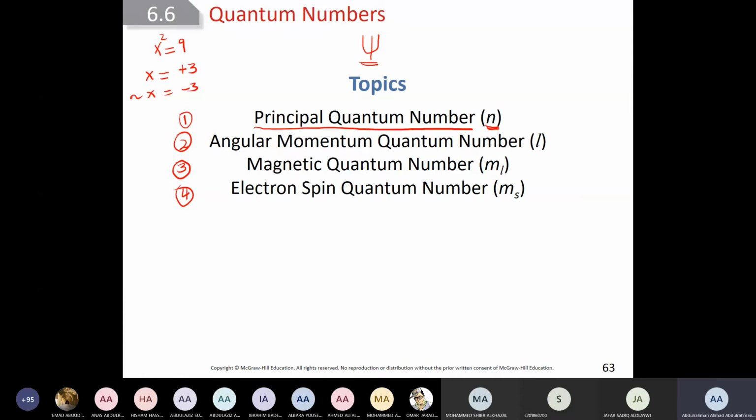Second one is called the angular momentum quantum number. You must memorize the name.